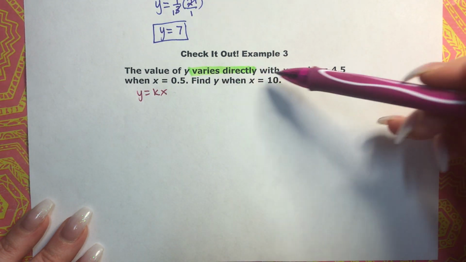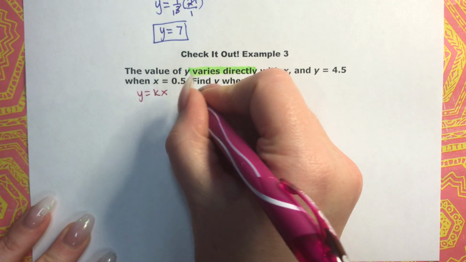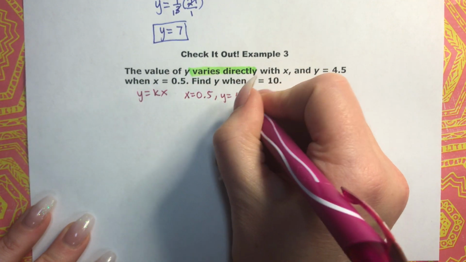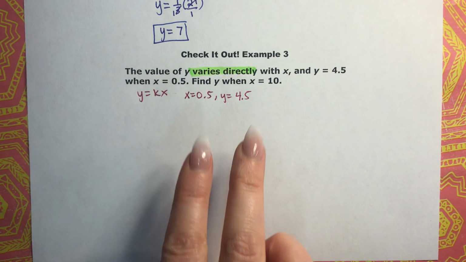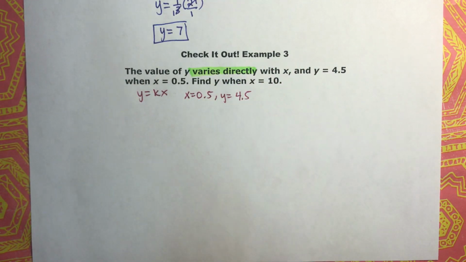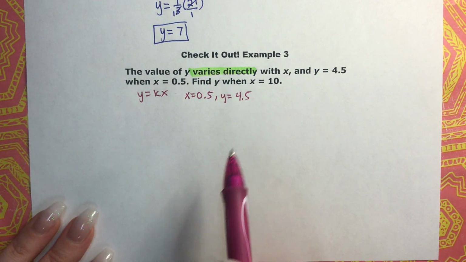Then it says find y when x is equal to 10. It's giving us those 2 pieces of information, because there are 3 variables, and if we know 2, we can find the third, which is the k, which is what we need to write an equation in direct variation form.